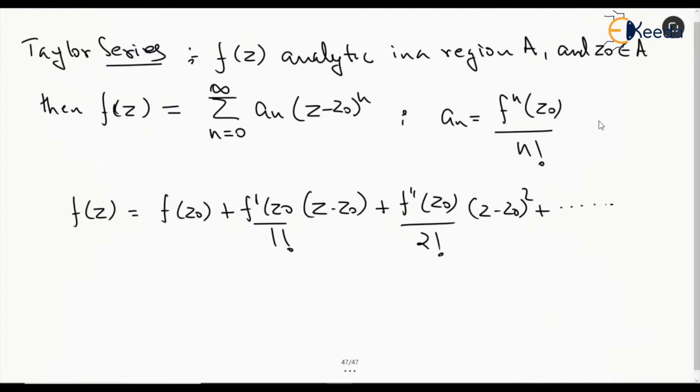These two are the same expressions. So this is the Taylor series for f of z being analytic, and this z naught lies in that region for which the function is analytic.